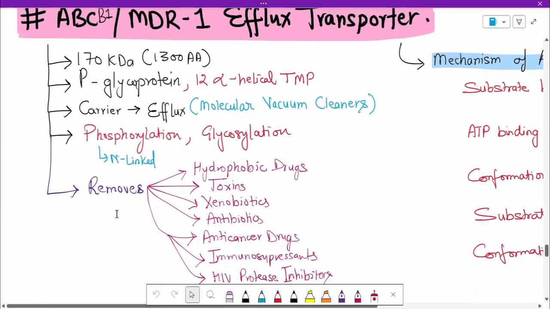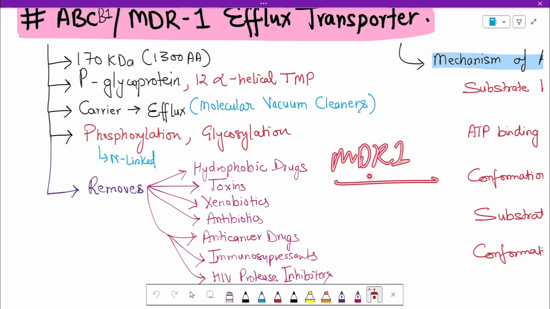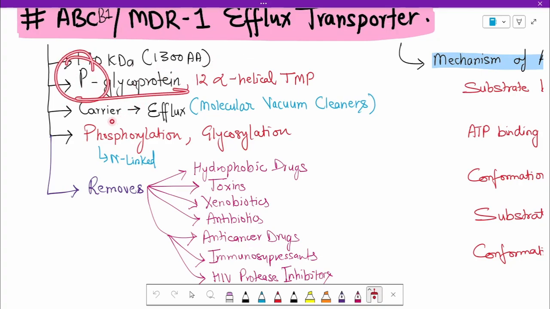We will see some basic details of ABCB1, which is also known as MDR1, the multi-drug resistance efflux transporter. Okay, so this MDR1 protein is 170 kilodaltons and consists of around 1300 amino acids. It is P-glycoprotein, meaning phosphorylation dependent. 12 alpha helix domains are there.